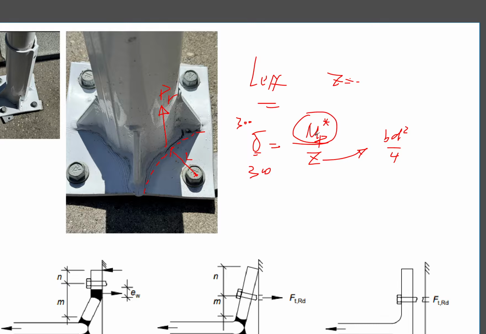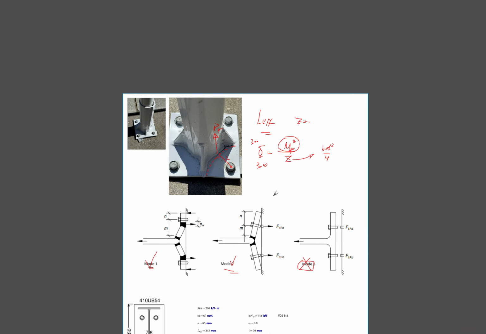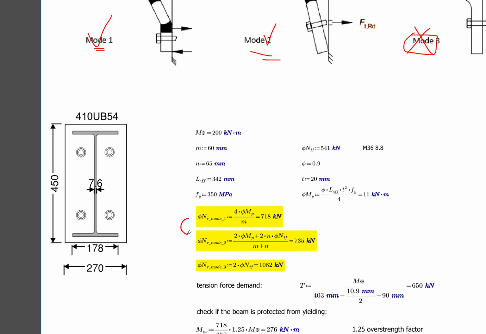That's how the equations for the three modes of failure are derived. The plastic moment divided by your lever arm gives you the resistance force.